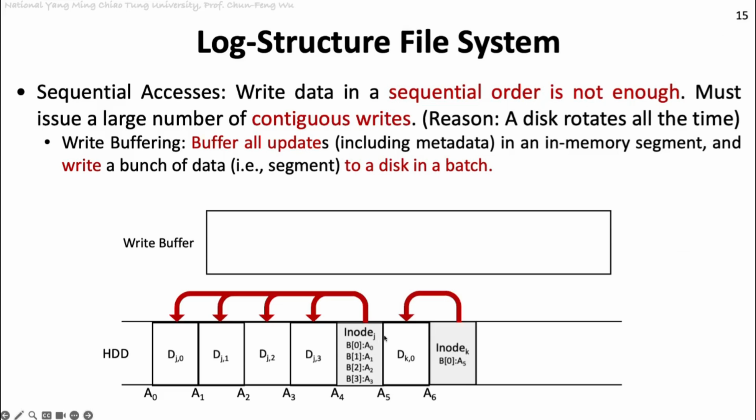For example, inode J here comprises 4 block locations, from A0, A1, A2, and A3, and they are on the storage device. For another file, DK, we give it another inode, so-called inode K.